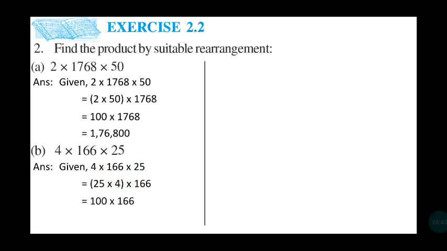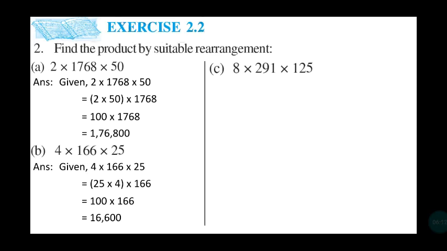So 100 multiply by 166. Now 166 multiply by 100, that means 16,600. Right? See, what is to be done here? Put 2 zeros after 166. Very easy. 166 multiply by 100, that means 166 and then 2 zeros. So that is very easy.